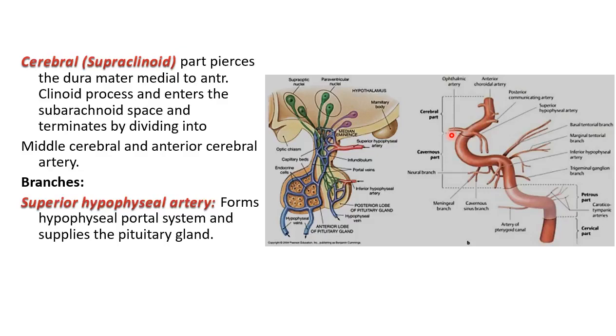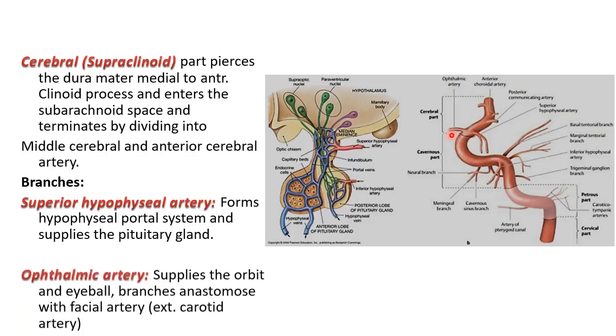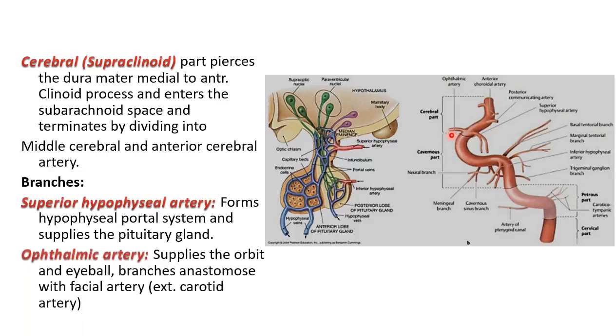It is an end artery, because if the central artery of retina is blocked, naturally blindness results. So one is the superior hypophyseal artery we have seen here, and the other one is the ophthalmic artery.